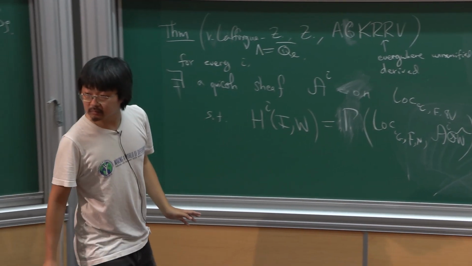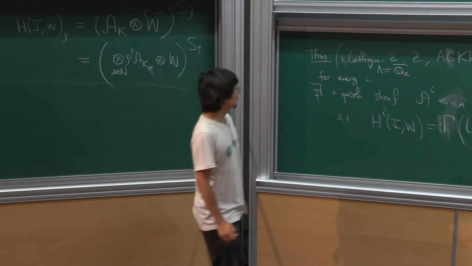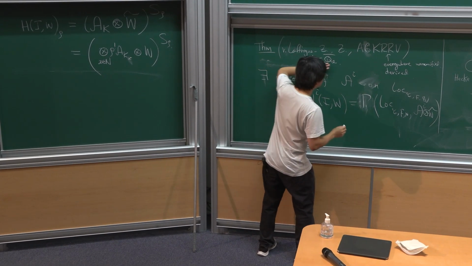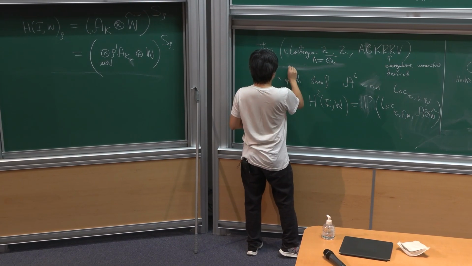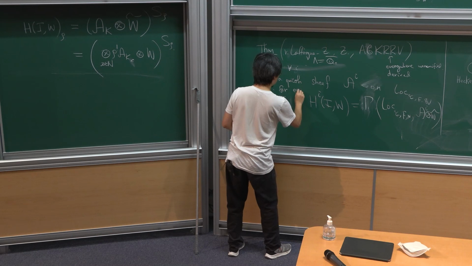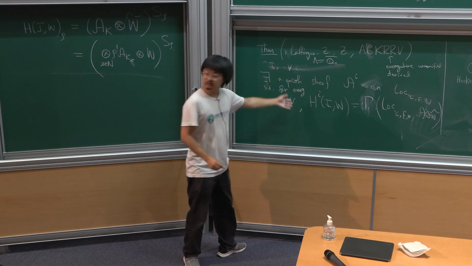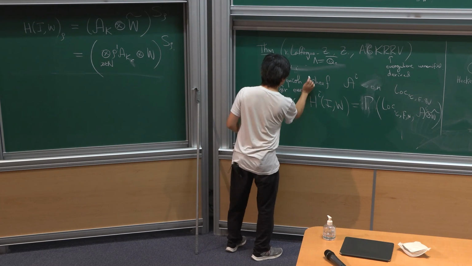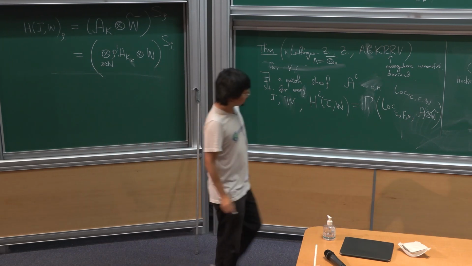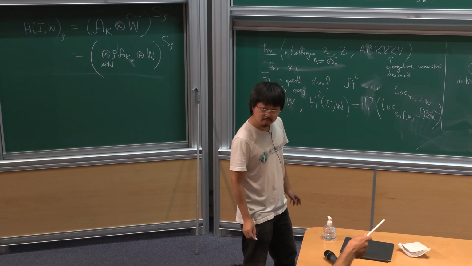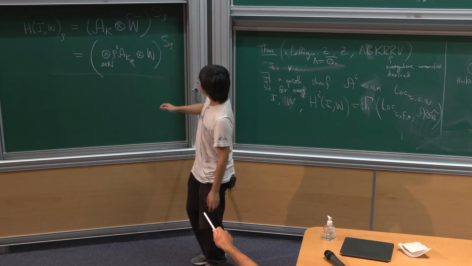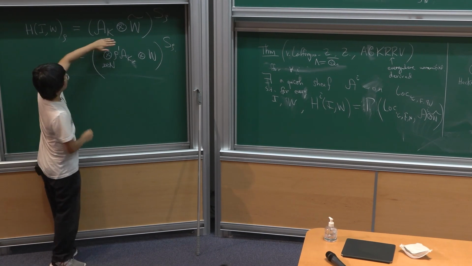So the point here is that you can vary the W. For every I, every W, there exists a quasi-coherent sheaf for every I, such that for every W, every I, the cohomology looks really like this. So the question is whether it's factorizable over the surface; we don't know, but you do know that it solves the discrete problem.